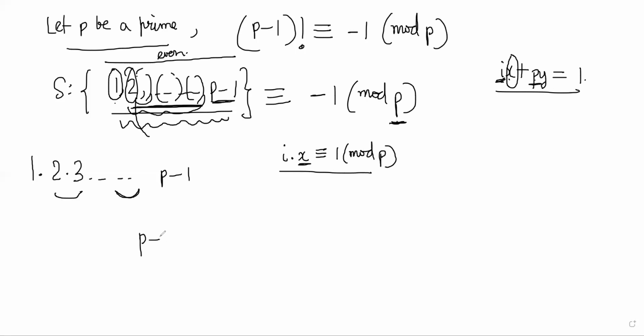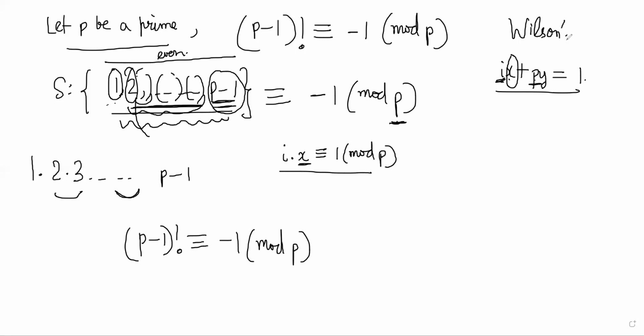The only thing that will be left is 1 and P minus 1, which will be minus 1 mod P. So this is Wilson's theorem, that for any prime P, P minus 1 factorial is always minus 1 mod P.